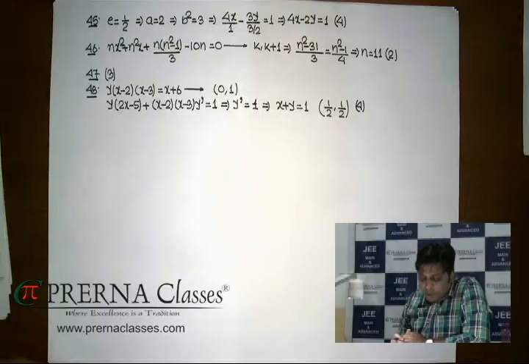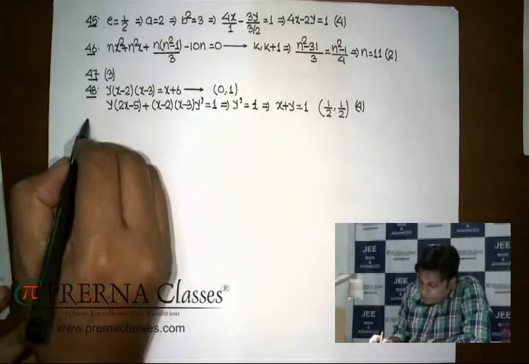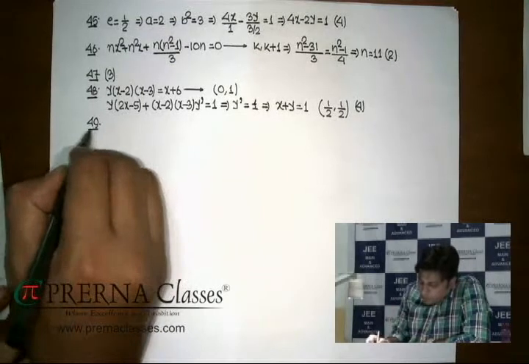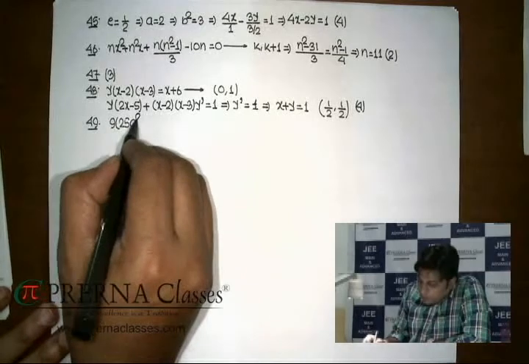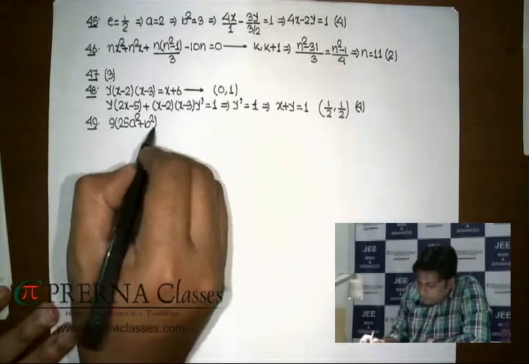49th question, for any three positive real numbers a, b and c, a certain equation is given. The given equation is this much.